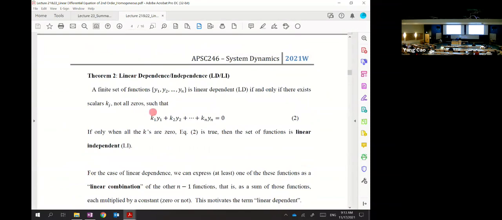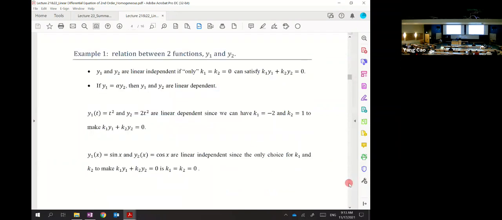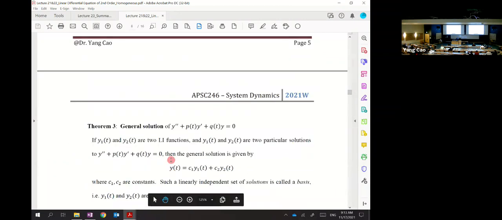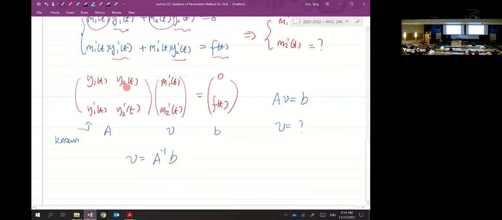We have a theorem on how to decide the relationship between two functions, or three functions, or multiple functions. It is basically looking at whether they are linearly dependent or linearly independent, right? And then we have another theorem that says if you have two linearly independent solutions of this equation, then you can form the general solution for this homogeneous second order ODE. So over here, y1, y2 are basically linearly independent of each other, so then you can form the general solution. That's how we obtained this y1, y2 here, right?